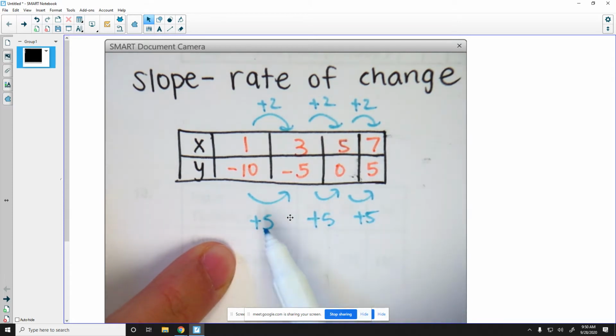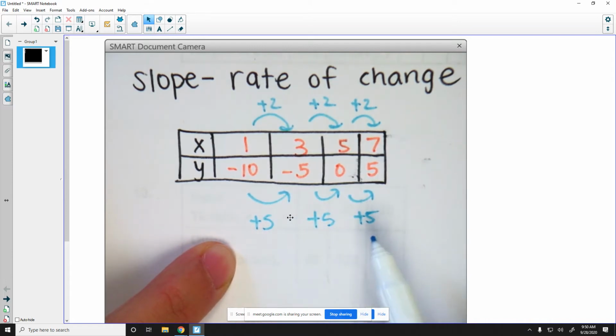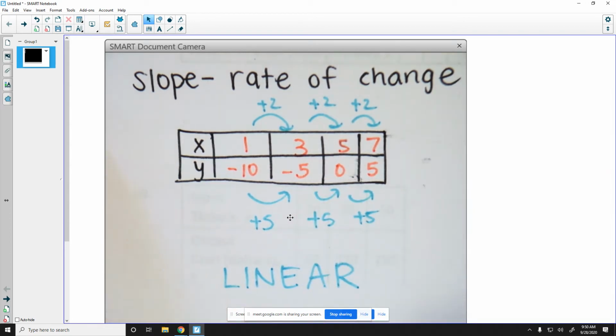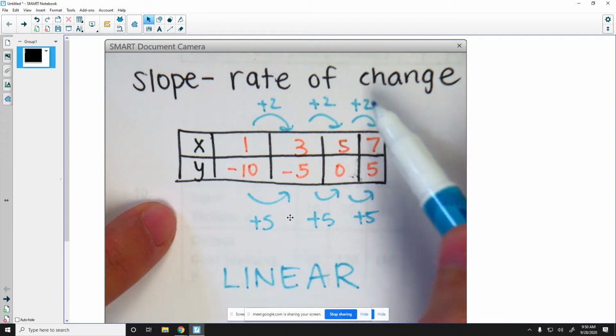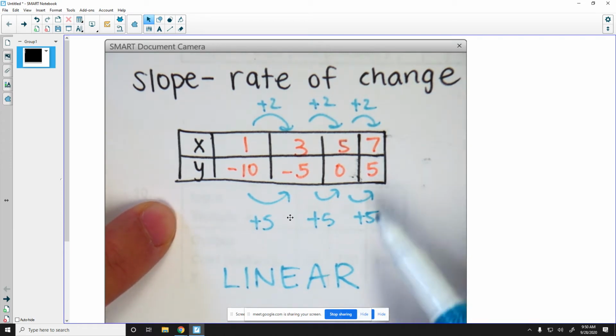On the bottom, it's +5, +5, +5. So since you have adding or subtracting rules on the top and the bottom, then you know that this is linear, okay? But my question is, if they were to ask you what is the rate of change, is it 2 or 5 or something different?